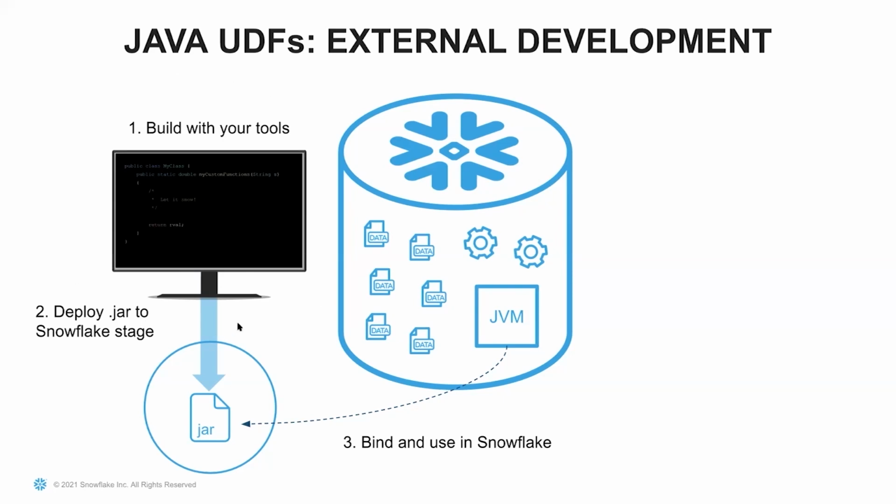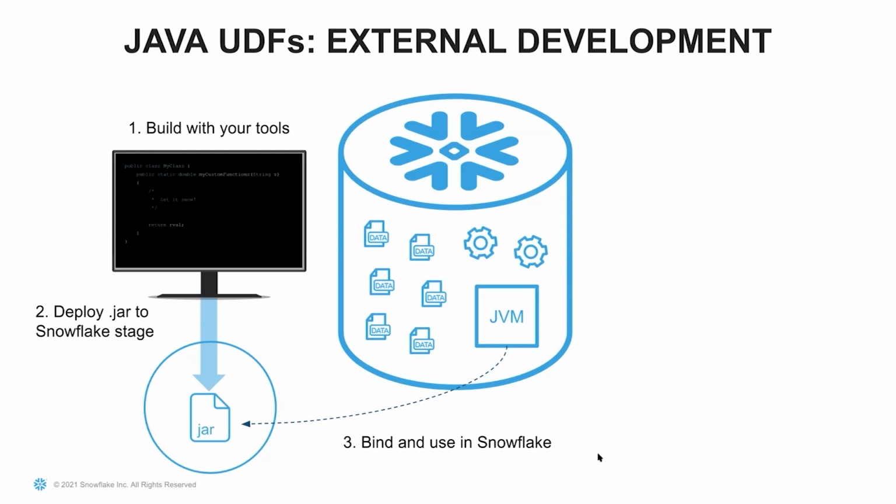You'd build that code, jar it up, and drop it on a Snowflake stage. So you upload it to Snowflake really just like any other file. And then inside Snowflake, you can bind that function to a SQL function, right? Write a SQL function that understands under the covers that it's really going to be calling into Java. And then you can go ahead and use that in all of your queries. We'll see an example of how this works.